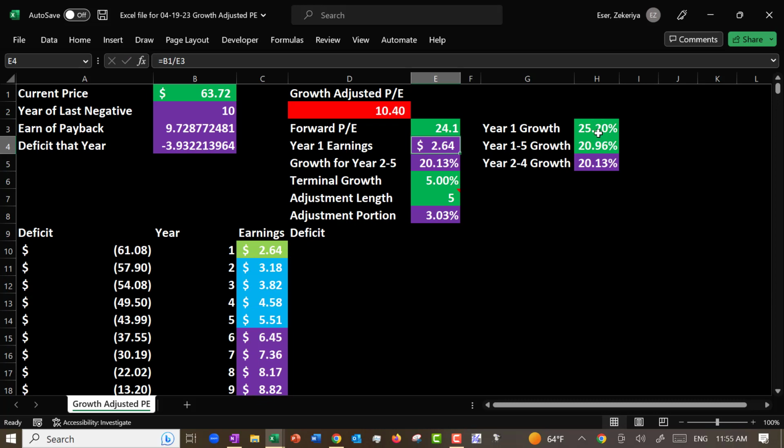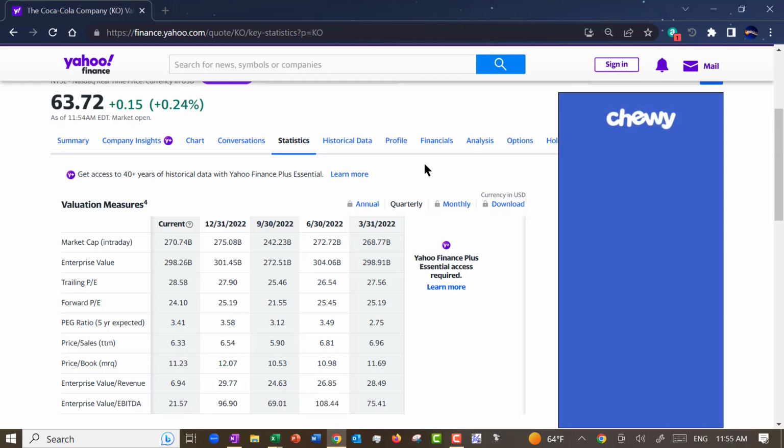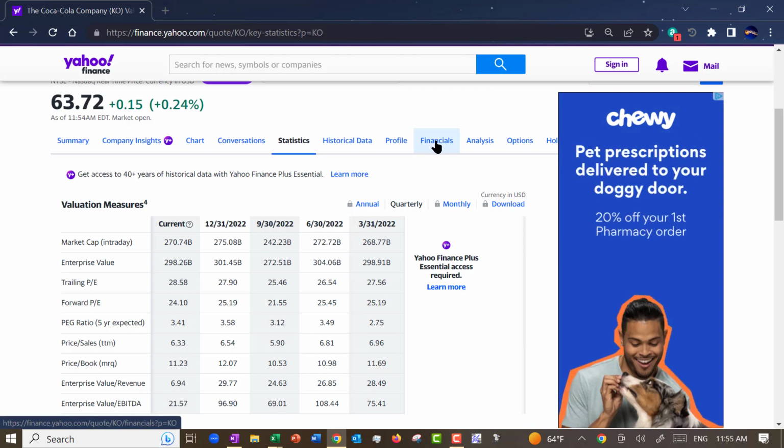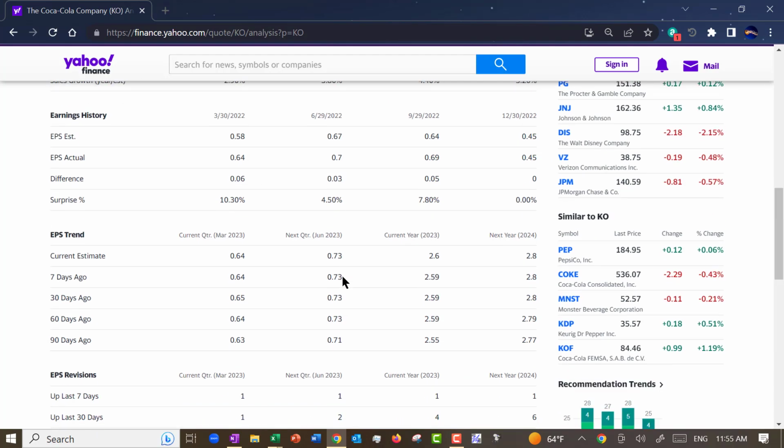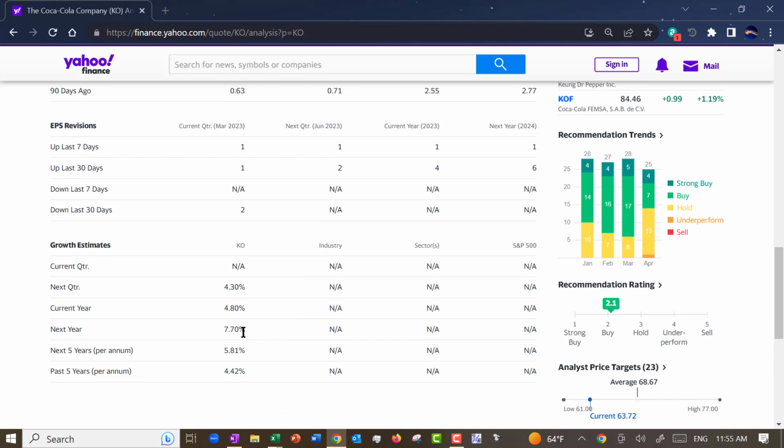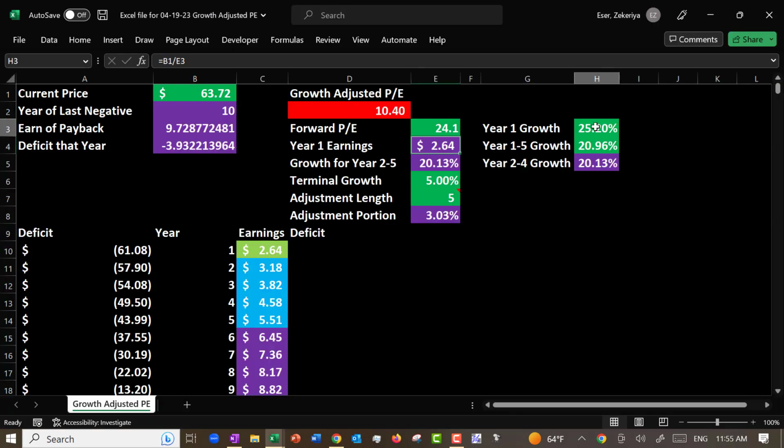Financial analysis. First year growth of 7.70. 5-year growth of 5.81. And growth adjusted PE of 15.98. See the difference between PE and growth adjusted PE, even for relatively minor growth here.